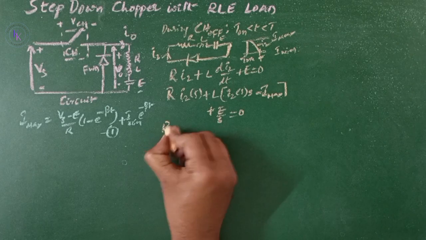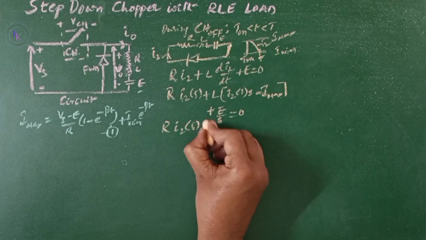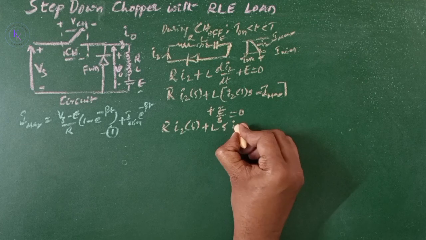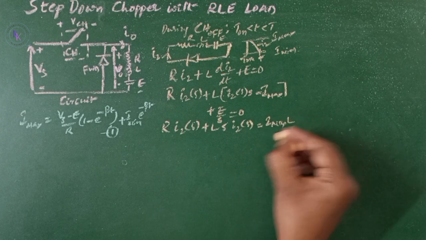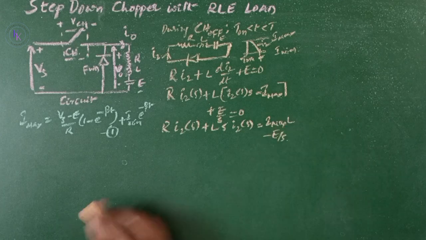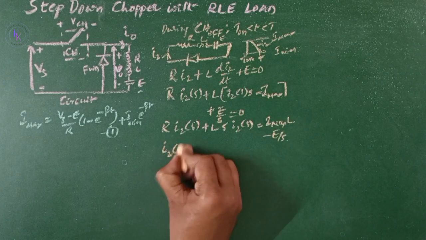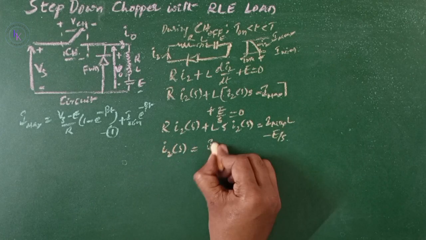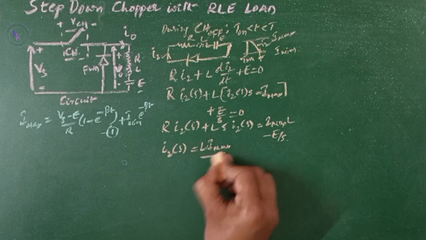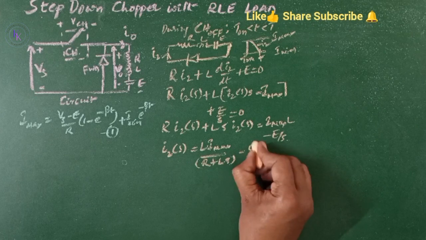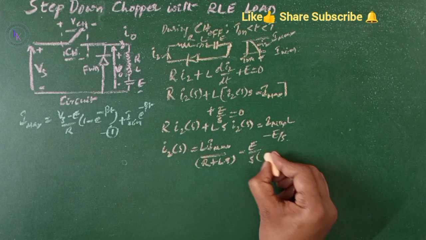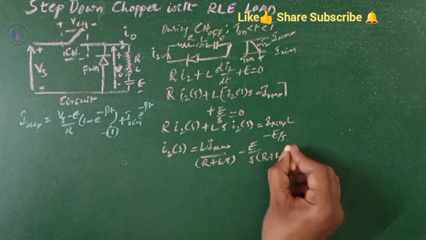Now this equals R I2(s) + L s I2(s) = I max L − E/s, from which I2(s) = I max L/(R + L s) − E/(s(R + L s)).